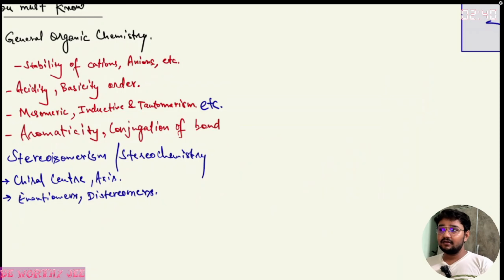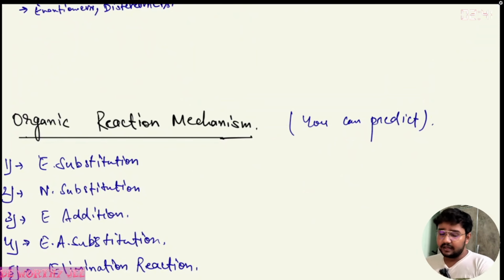So first, before jumping into this, you should ask yourself why we should study the general organic reaction mechanism. By the name itself you can understand there are thousands of reactions in chemistry. Some reactions are inorganic, some reactions are organic.